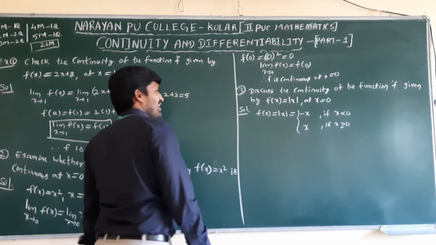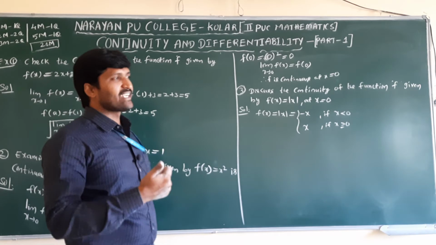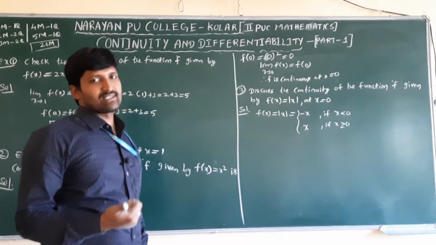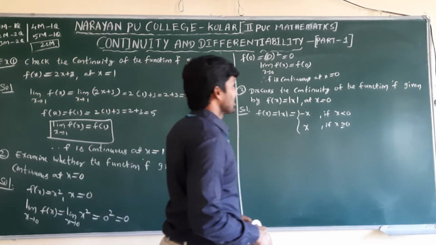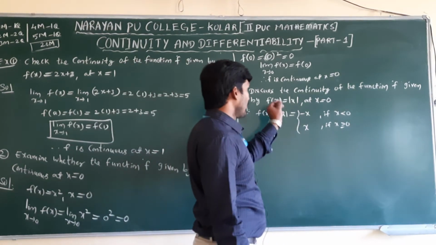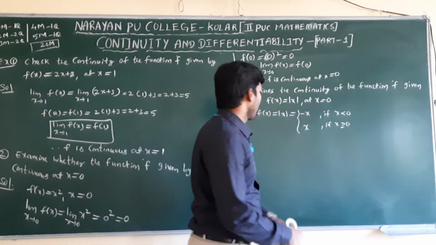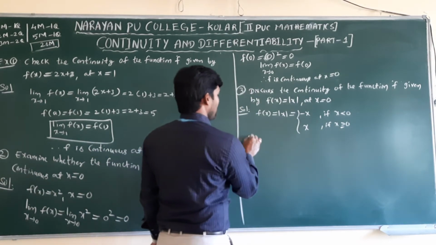Here less than and greater than are there, so we need to use the second definition, that is LHL, RHL, f of a. Only when these three values are equal can we say that f is continuous at x equal to 0. Now first I will find LHL.